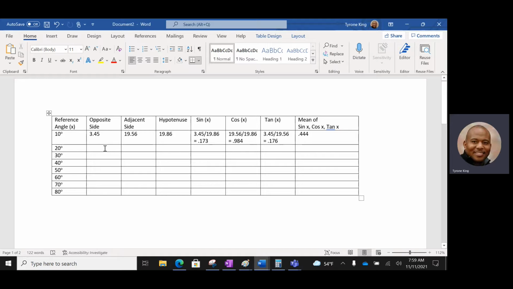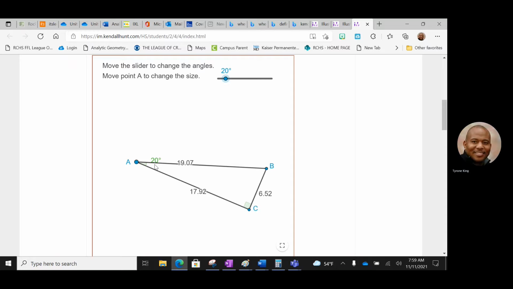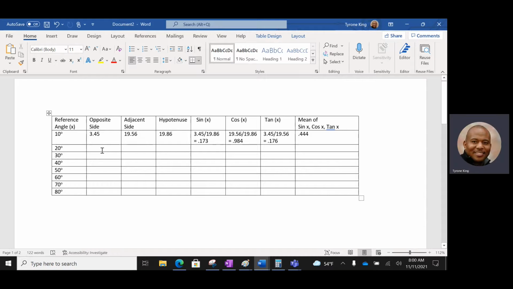I'm going to show you what it looks like for 20 degrees. On this, I would use the applet. I would go over to 20 degrees, and then I would fill in my table. It'll be 6.52 for the opposite.